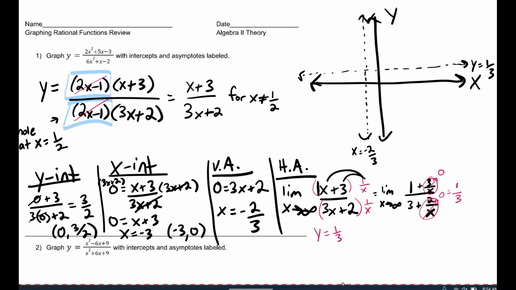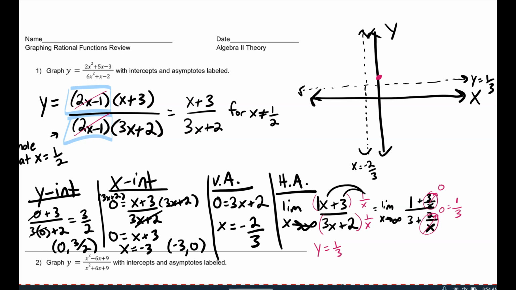The next thing I note is that my y-intercept is above the horizontal asymptote. It's at 0, 3/2. And then the only other point that I've determined is on this function is negative 3, 0. And that forces what these two parts of the curve are going to look like.